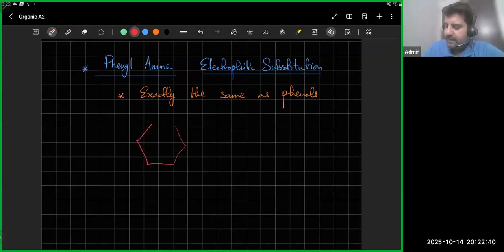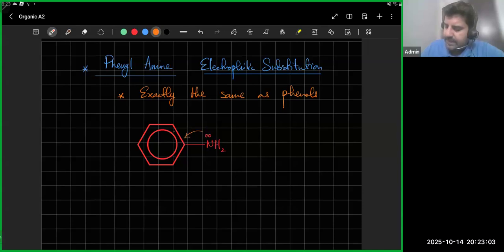So what are phenylamines? Phenylamine is a benzene with an NH2 group. It's got a lone pair, and exactly the same thing happens.